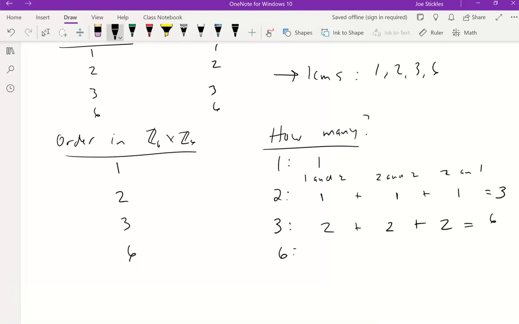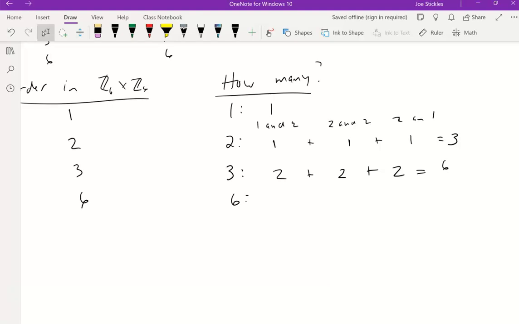I am gonna write these down, make sure we get them all. You can do 6 and 1, 6 and 2, 6 and 3, 6 and 6, 1 and 6, 2 and 6, 3 and 6.